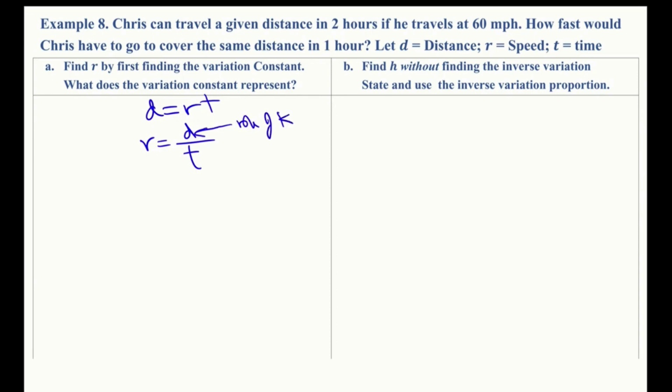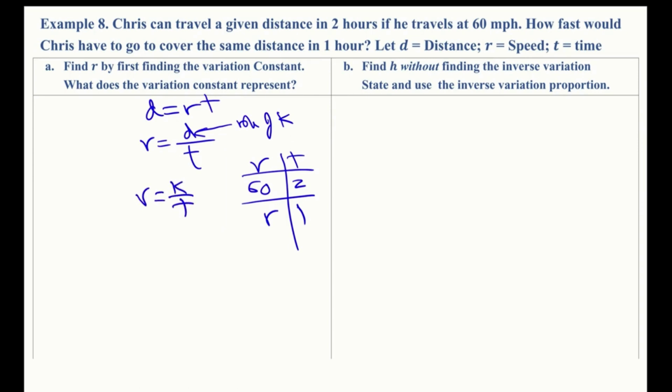And let's put the values into a table. We know that when the rate is 60, the time is 2. We want to know what rate so that the time is 1. So now we're going to rewrite this as R equals K over T to make it a real variation equation, and we can substitute.